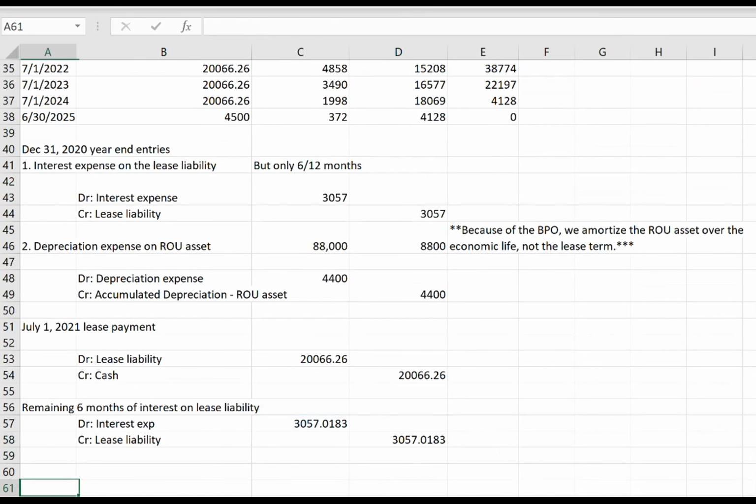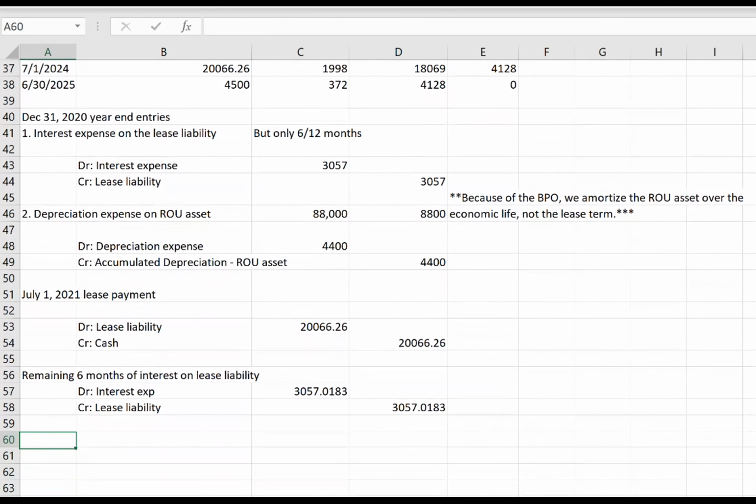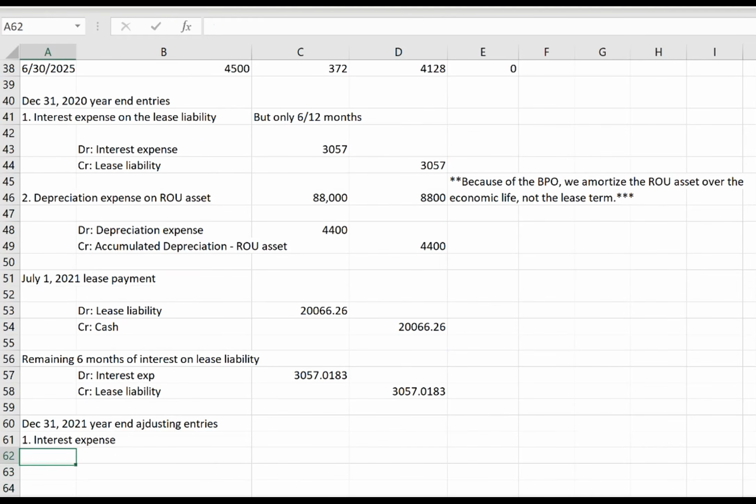Okay, and then at December 31st, 2021, we're going to have our year-end adjusting entries. So we're going to have interest expense, another 6 months. Same thing we've got here, debit interest expense, credit lease liability.